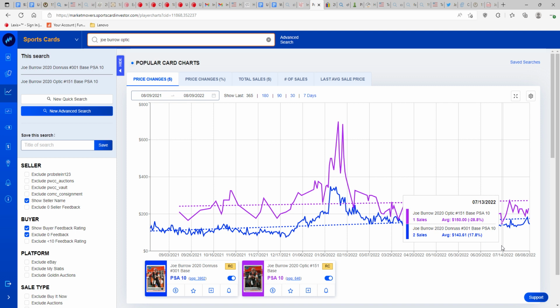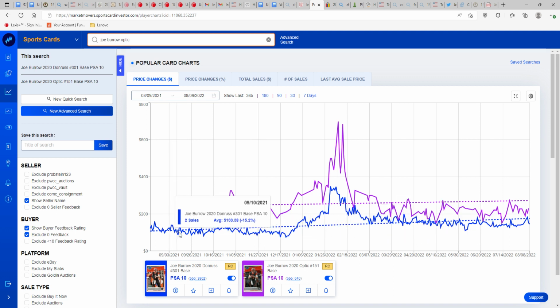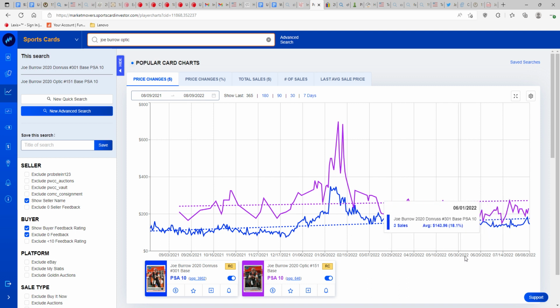So when we ask ourselves the first question, do we think the Donruss base was overpriced at $143? Probably not. It was trading below its trend line at that point in time. So to say that the card would only be worth $70, there's not a single sale over the past year and a half where the Donruss base traded at $70.